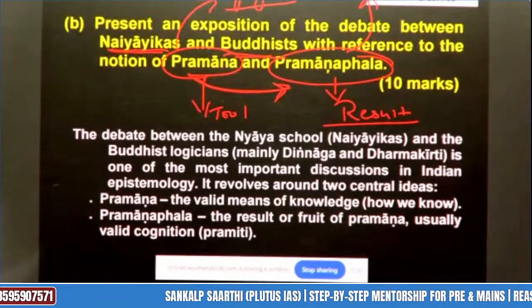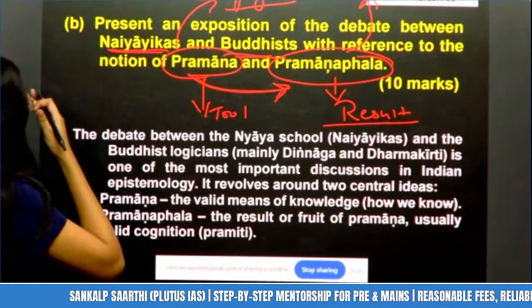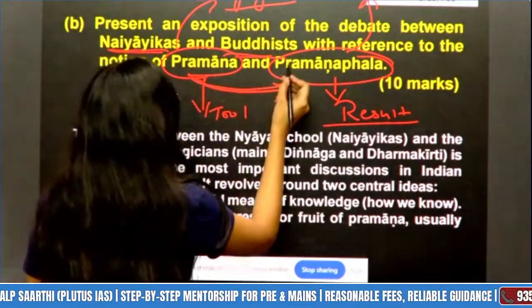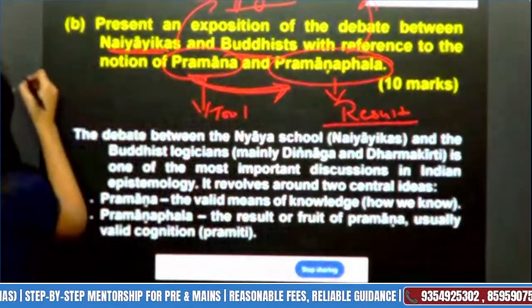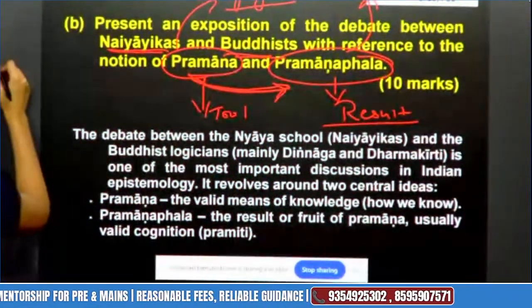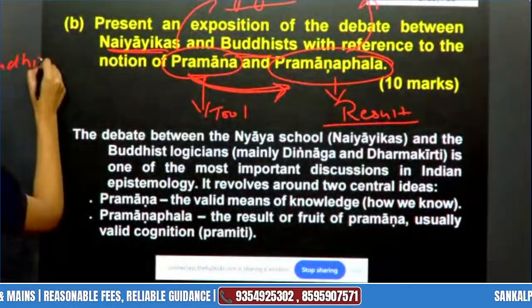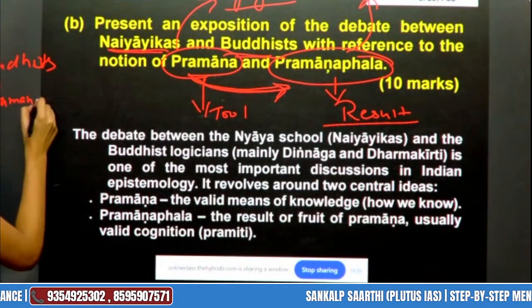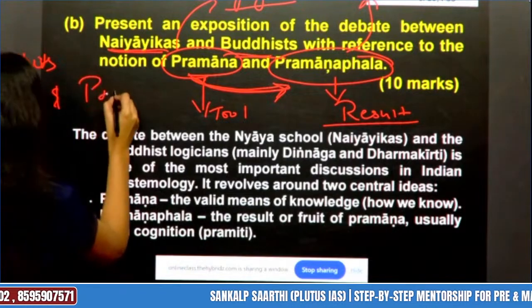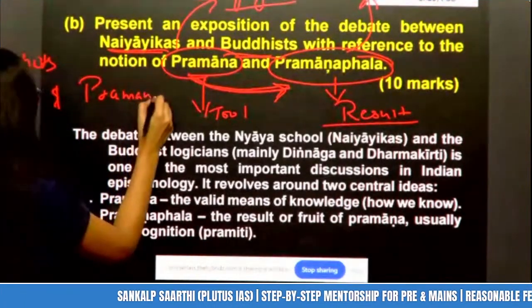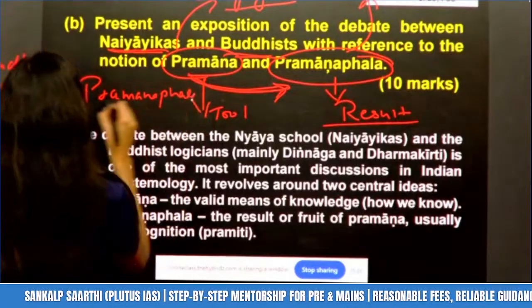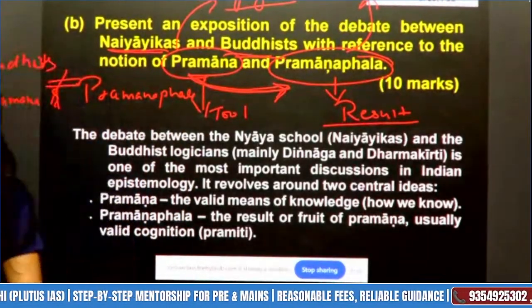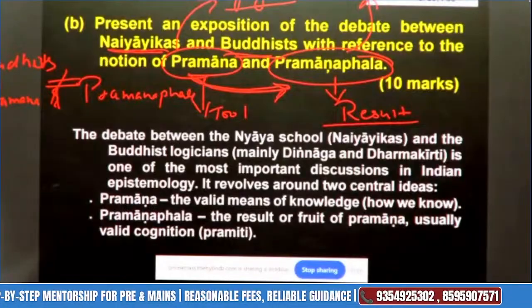So, when it comes to Buddhist, now we have to tell what these two are according to Buddhist and Nyayikas. When it came to Buddhist, Pramana and Pramanphala are actually same, right?